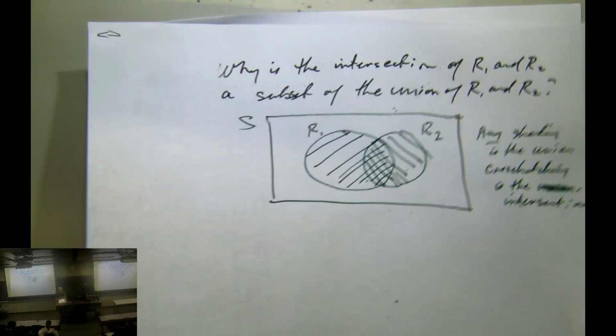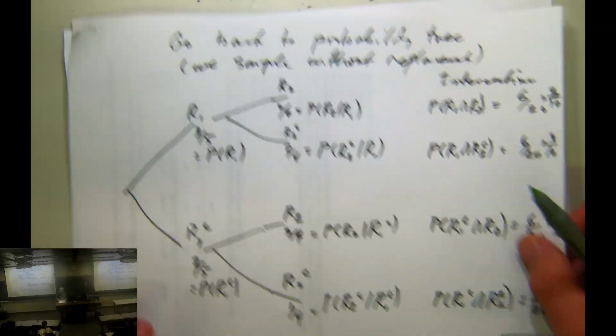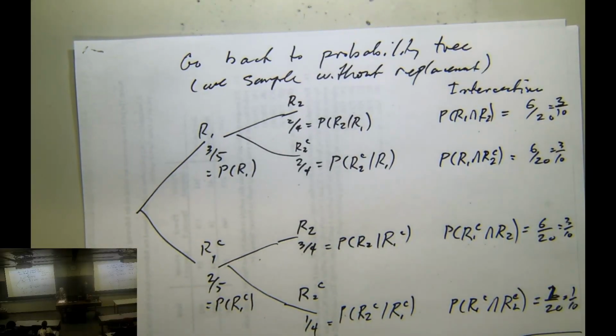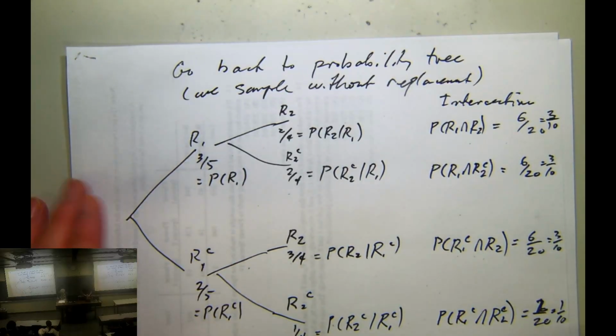Okay, so let's go back now to the Venn diagram, and notice this little trick here. With the probability tree, if I am given at least one is red, where does at least one is red occur?